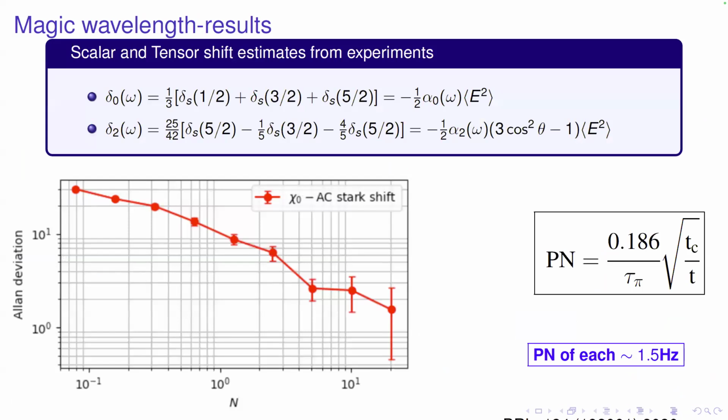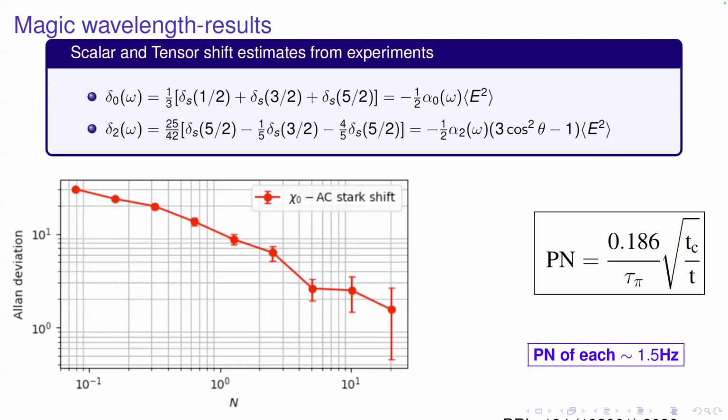When I do these measurements, I have to check the projection noise of my measurements, which will tell me whether my measurement is quantum or not. Because we do projection measurements, we should always check the projection noise of the system.